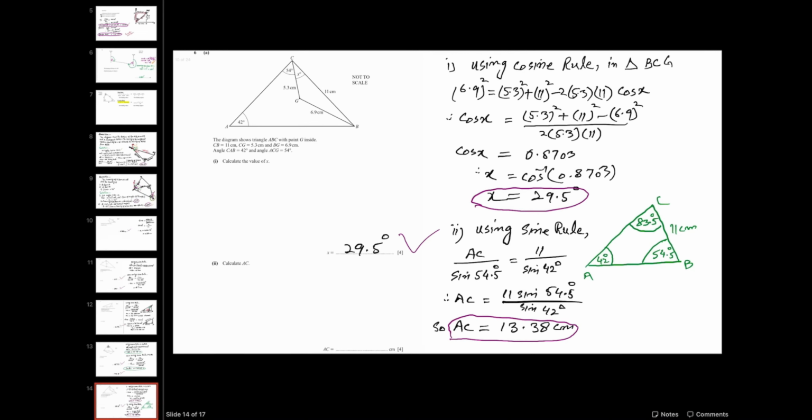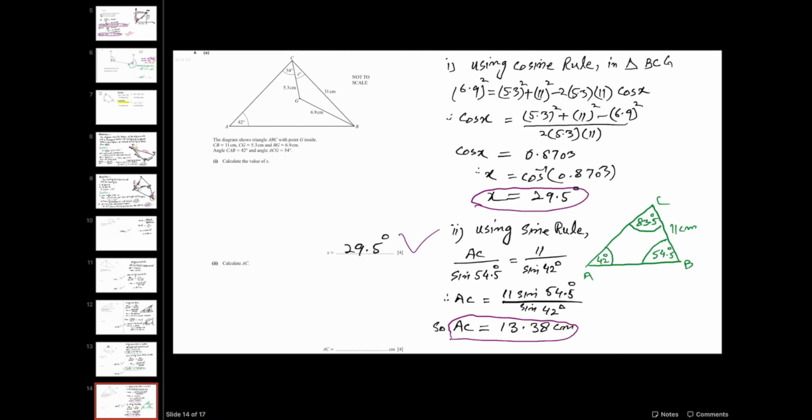So 6.9 square is equal to 5.3 square plus 11 square minus 2 into 5.3 into 11 into cos x. From this equation, cos x is equal to 5.3 square plus 11 square minus 6.9 square upon 2 into 5.3 into 11.